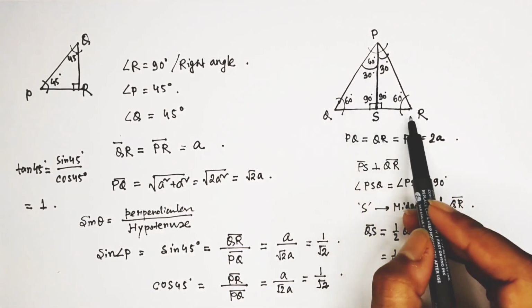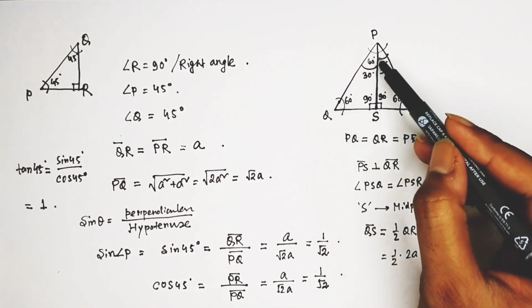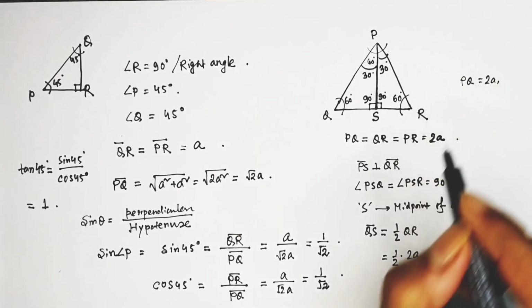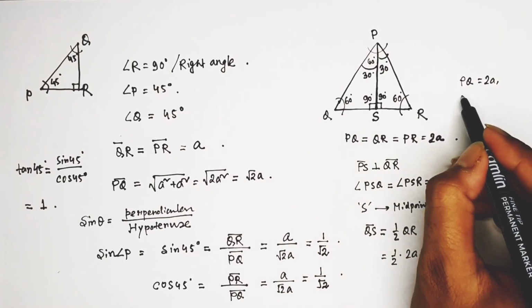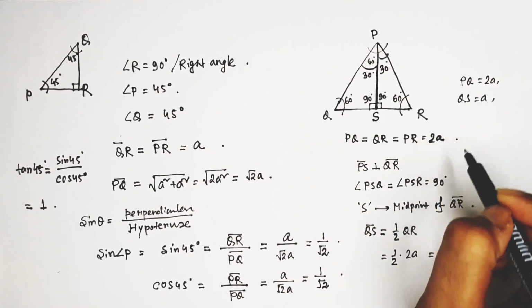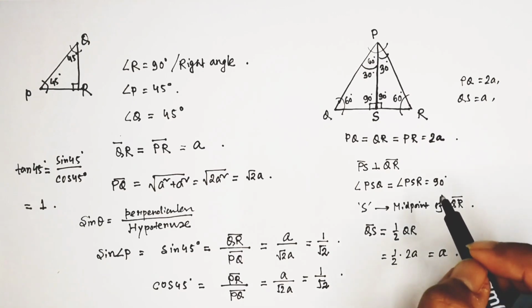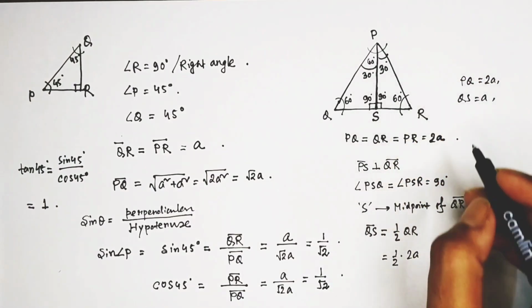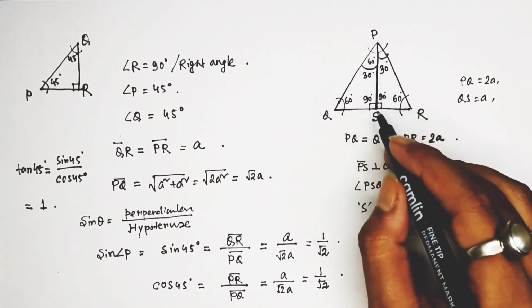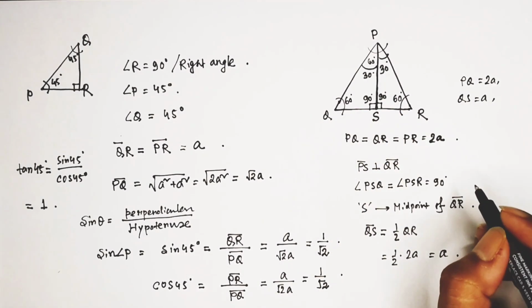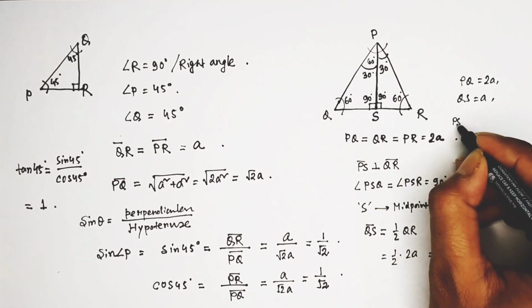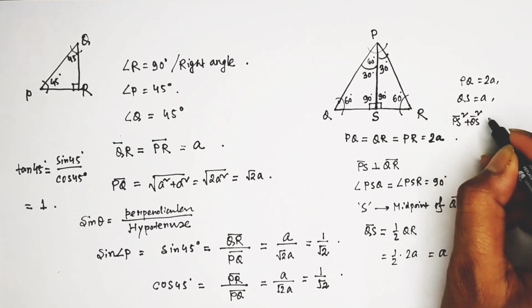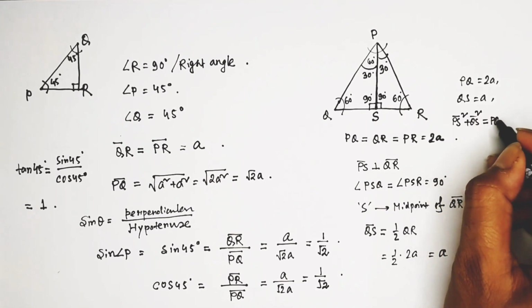From this figure we can see that in triangle PQS, PQ is 2A and QS is A. So we can calculate the value of PS from Pythagoras theorem. So from Pythagoras theorem we can write that PS square plus QS square equals PQ square.